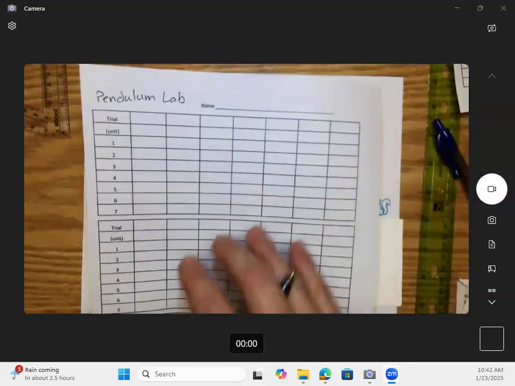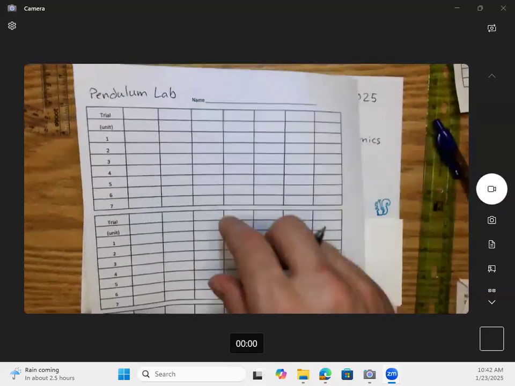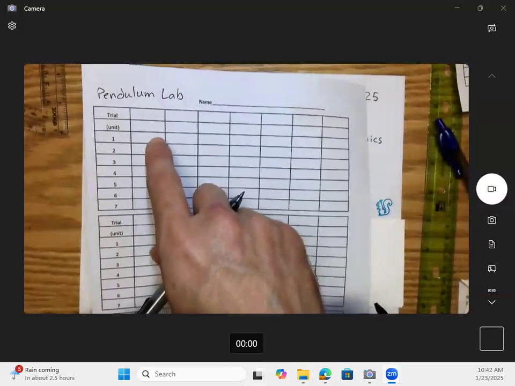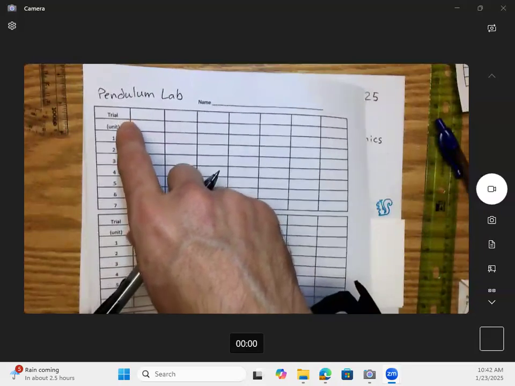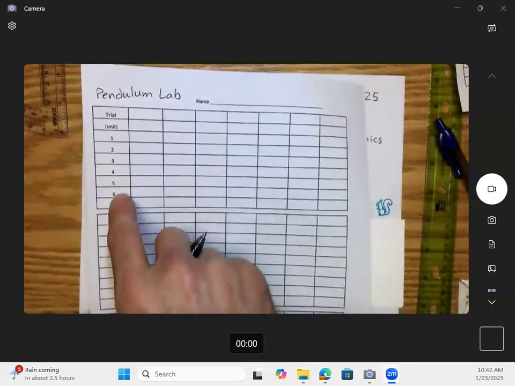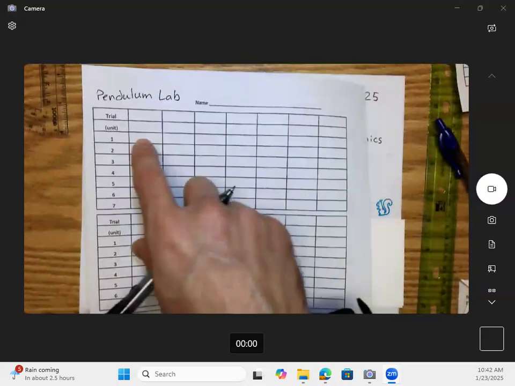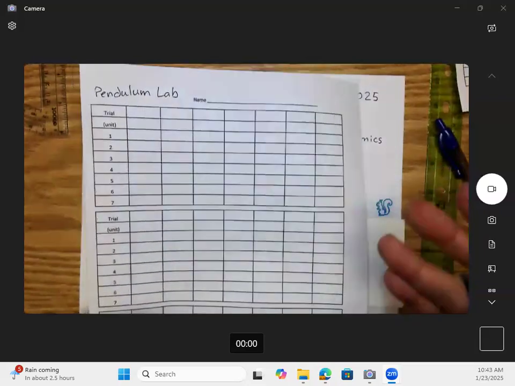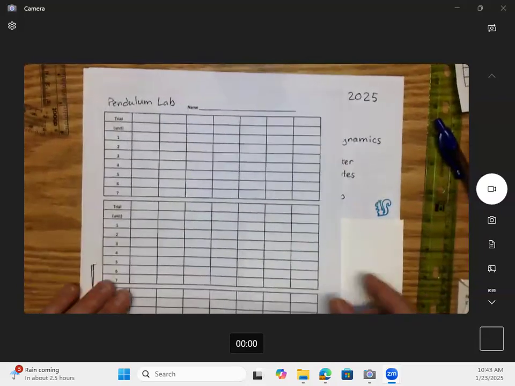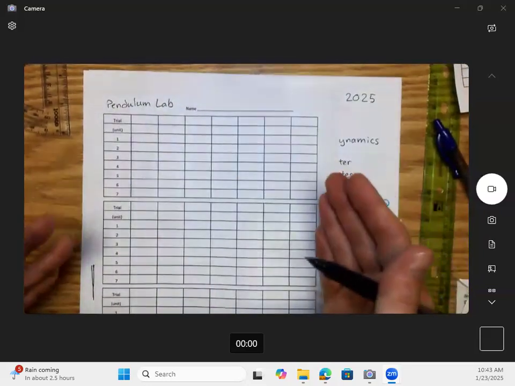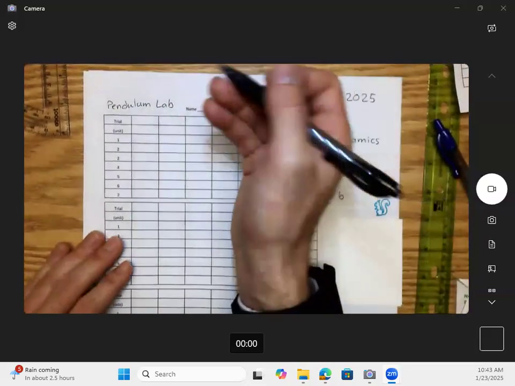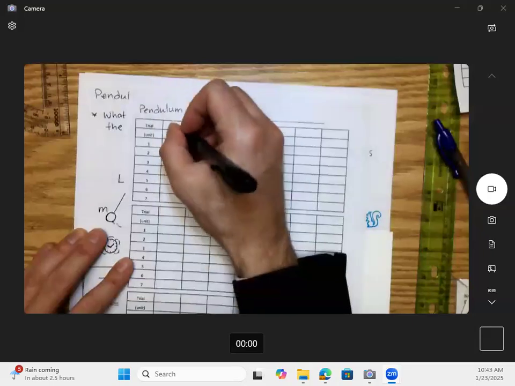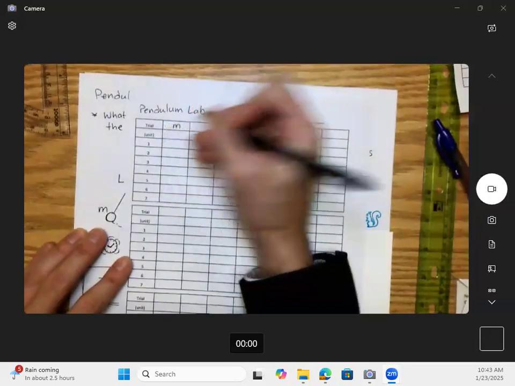Got it. All right. And you guys have seen many of these lab tables throughout the year. So hope you guys have it. You got trial, and 1, 2, 3, 4, 5, 6, 7. You have some variable here and some unit corresponding to that variable. Right? What are you measuring in? Right. So I won't do this whole table with you guys, but I'll get you guys started with a little bit of it. Right. So you guys told me you could measure mass as a potential independent variable.